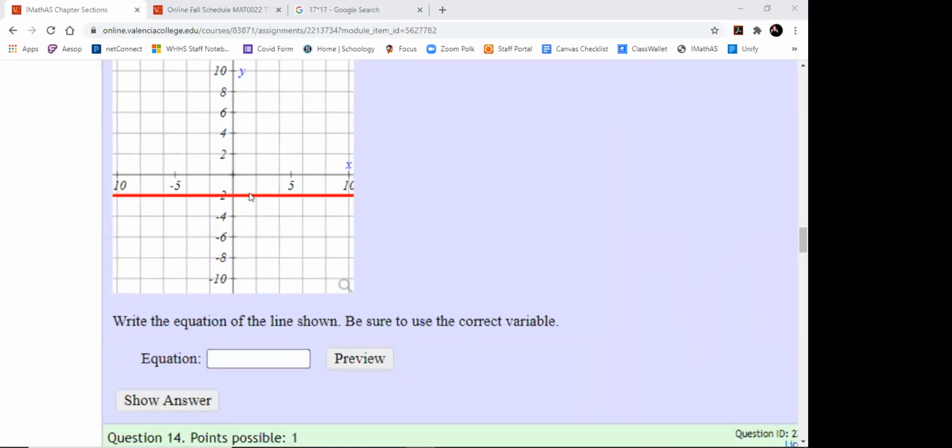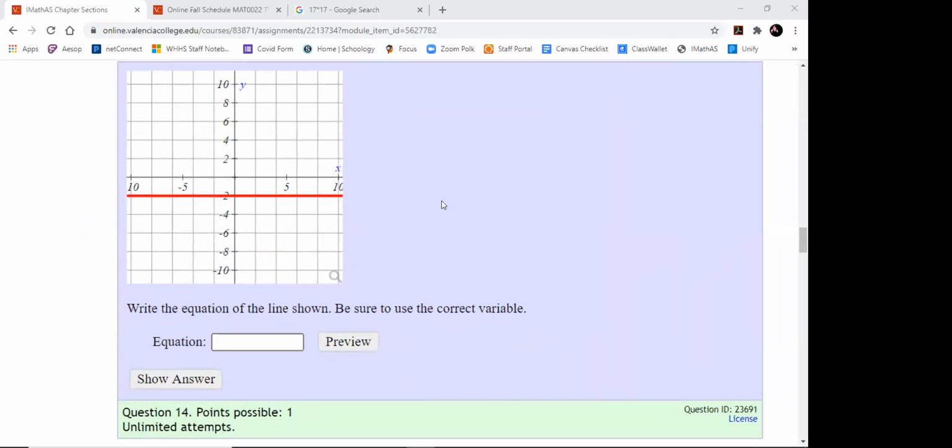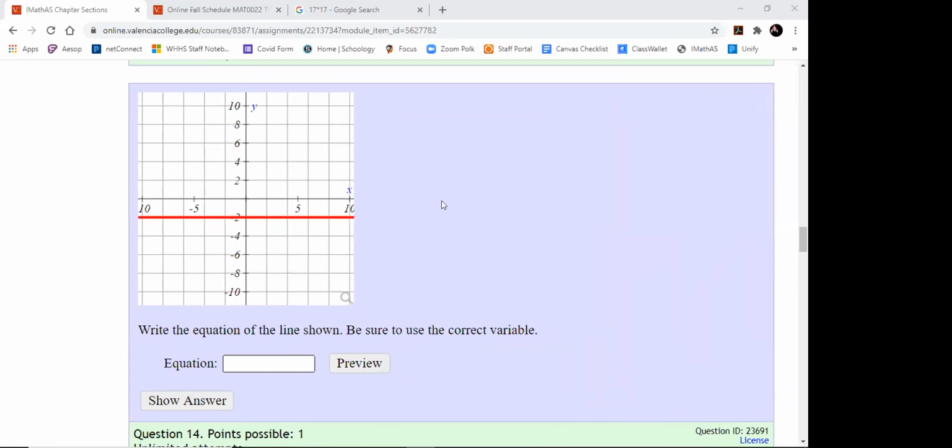Okay, so number 14 is a special one. It says, write the equation of the line shown. Be sure to use the correct variable. So we have two different types of equations that are possible in this one. We have x equals a number and y equals a number. So in this case, you want to check what variable it goes through.